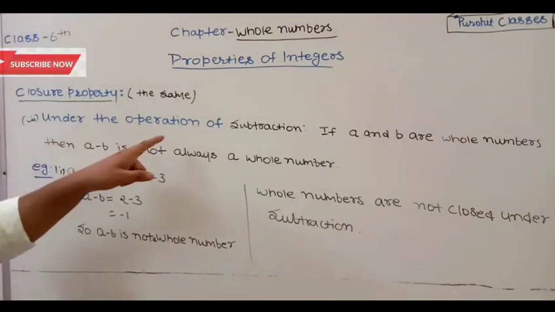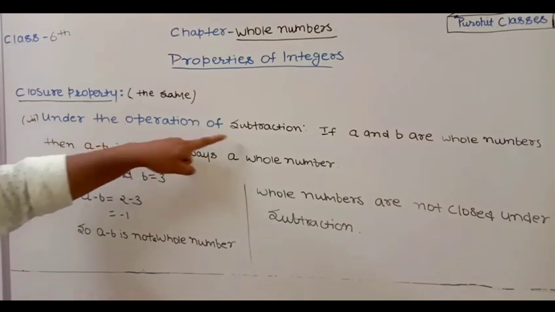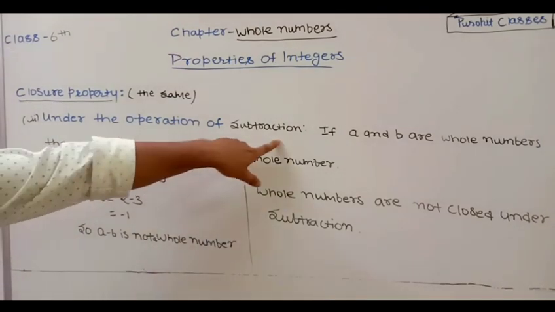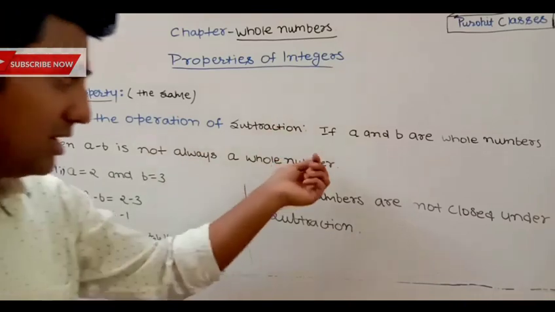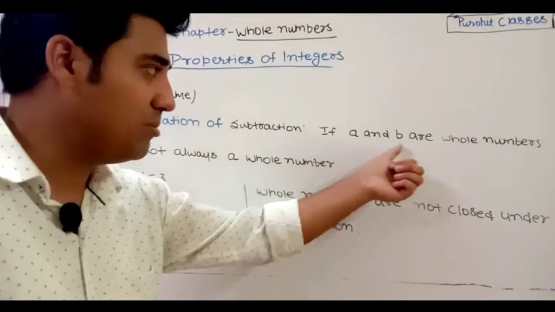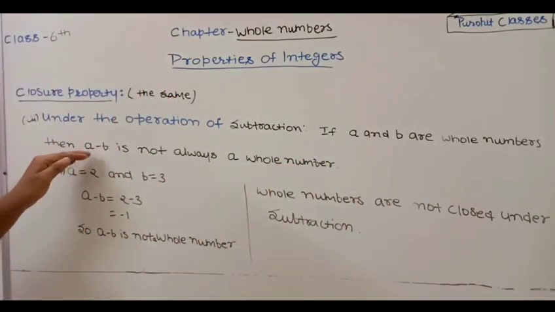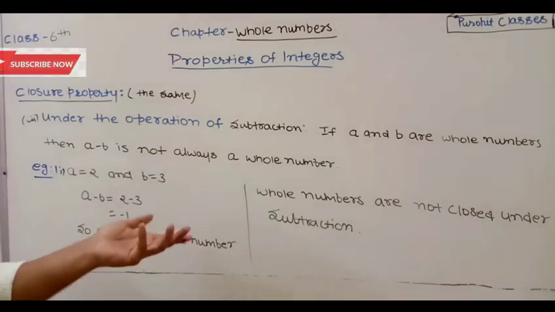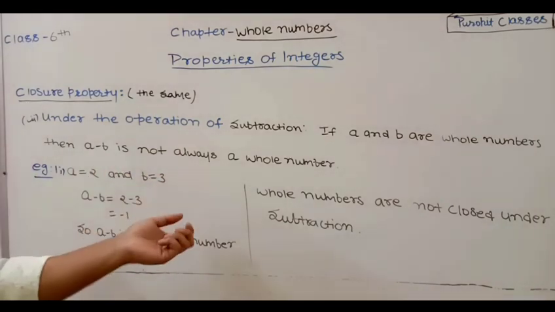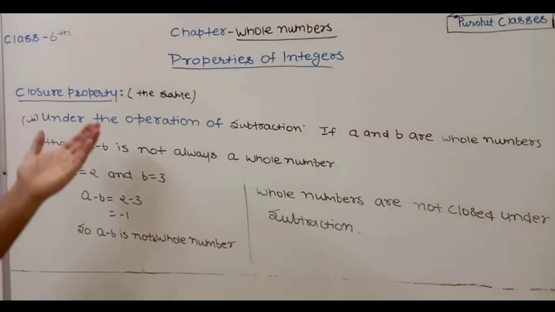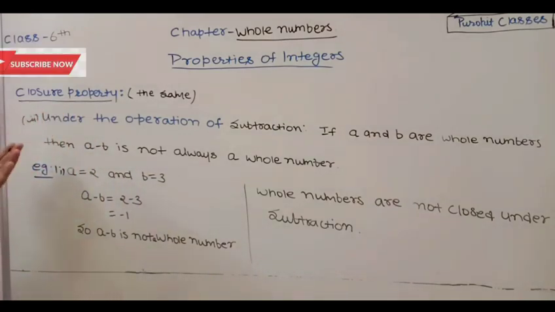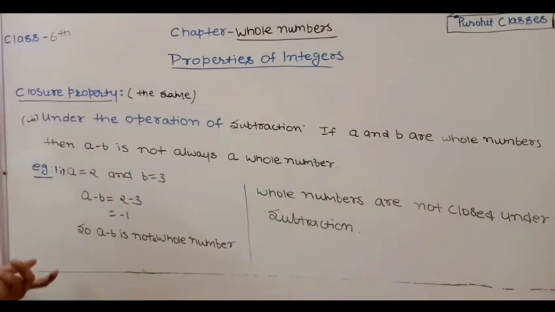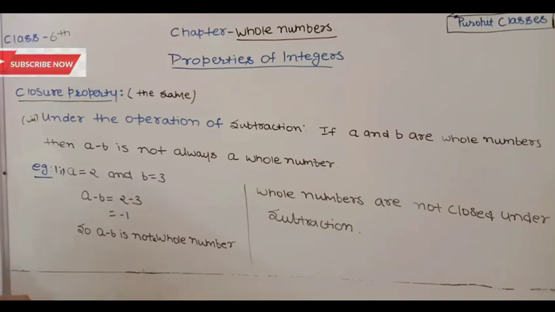Similarly, you will take the same property under the operation of division. Here you will write if a and b are whole numbers, then a divided by b is, after that you will decide yourself, you will take some example and then decide whether whole numbers are closed under the operation of division or not. Understood? So similarly you will do it yourself.